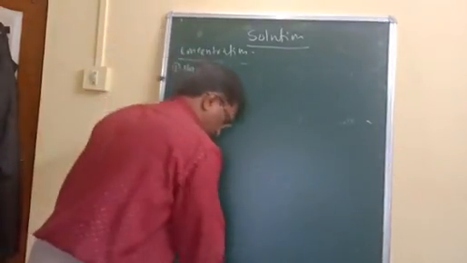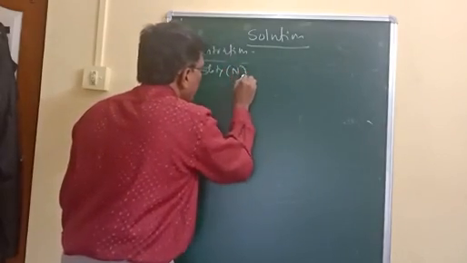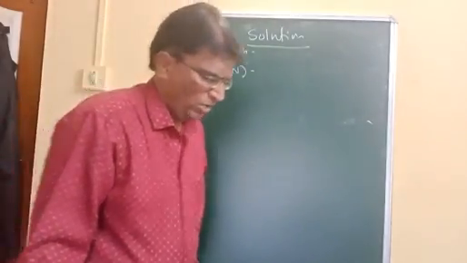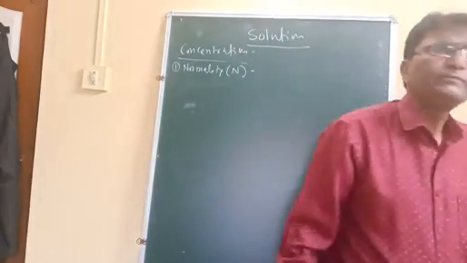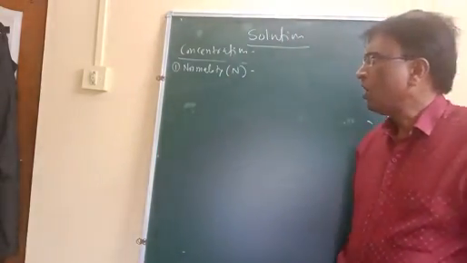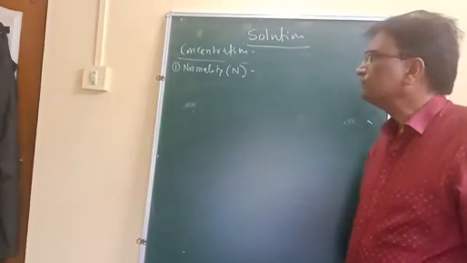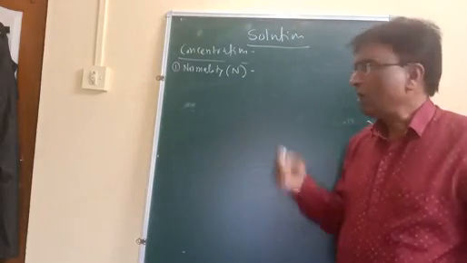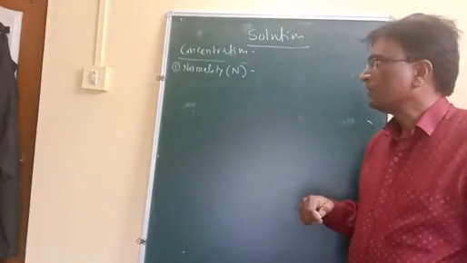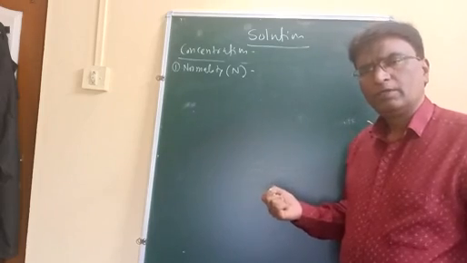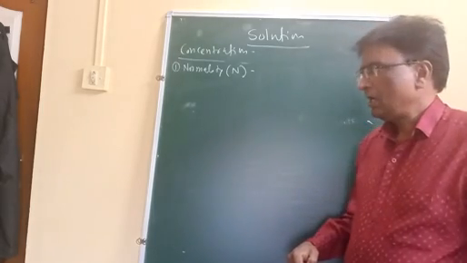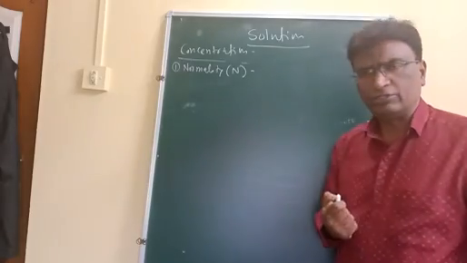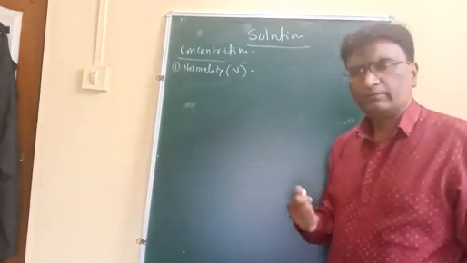The first unit that we are going to see is normality, denoted by capital N. Now as far as these concentration units are concerned, all of you are well familiar with them because we have been studying these units since 12th science, and therefore here we just take an overlook of these concentration units as a part of revision.